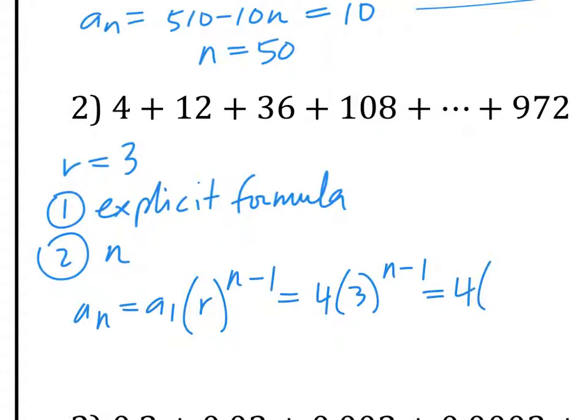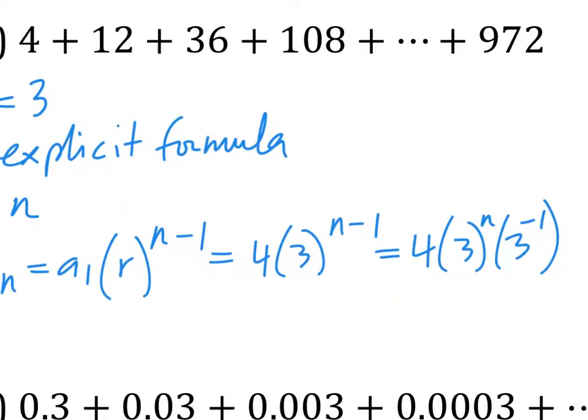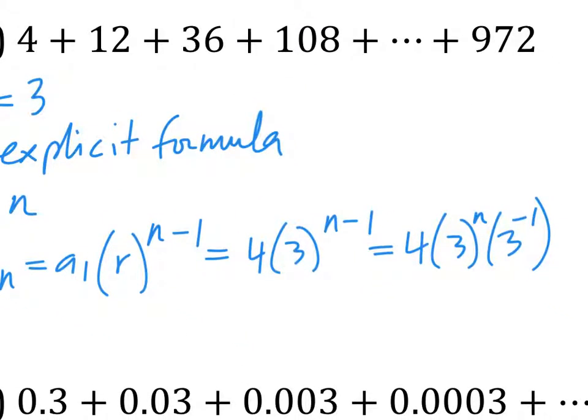So this is the same as saying 3 to the n times 3 to the negative 1. Exponents, when you add and subtract, is the same as splitting it up base to the exponents. So 3 to the negative 1 is the same as 1/3. So this is 4 over 3, 3 to the n. If you see that, you'll need to know that it means the same.